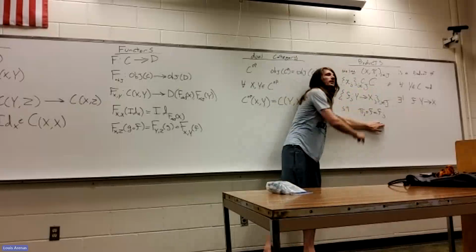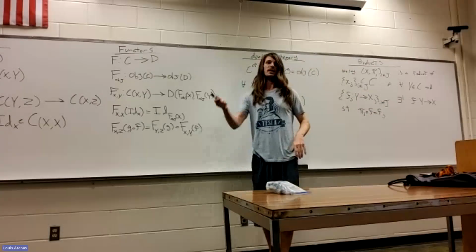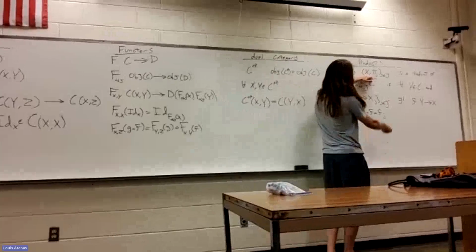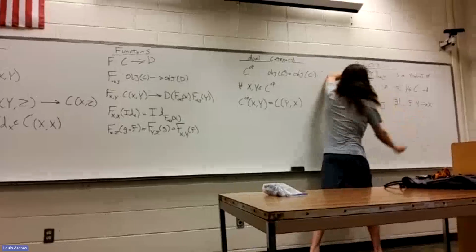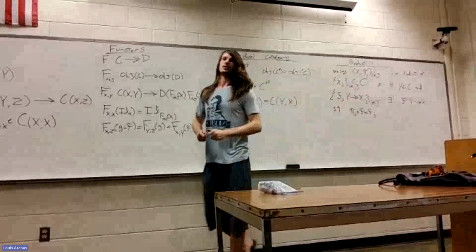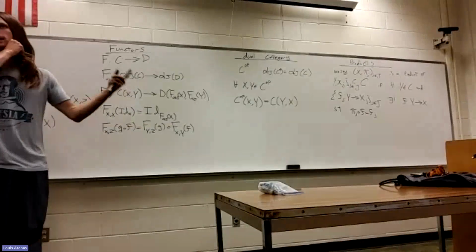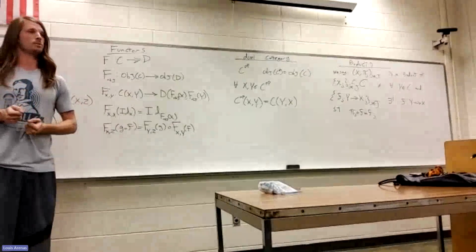I won't have to satisfy any of the component conditions because I won't have them. But that's precisely the definition of terminal object, right? It is an object in my category such that for all other objects, there's a unique morphism. So a terminal object is a product of an empty collection of objects.